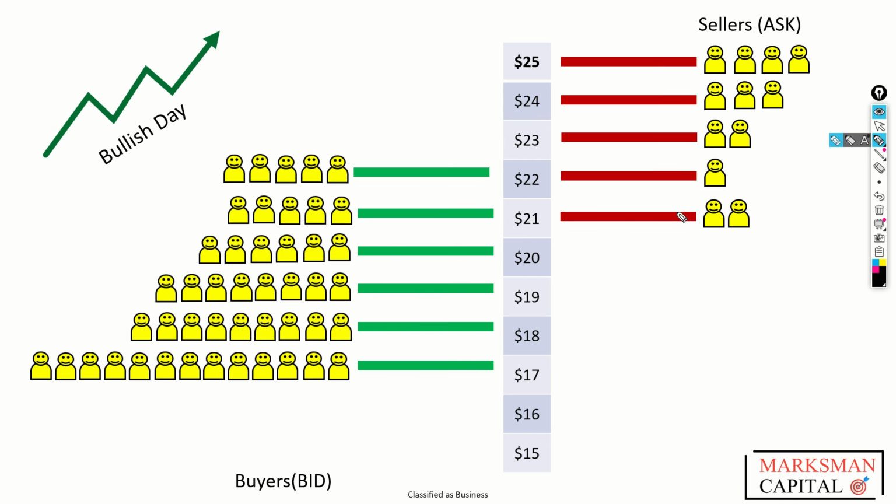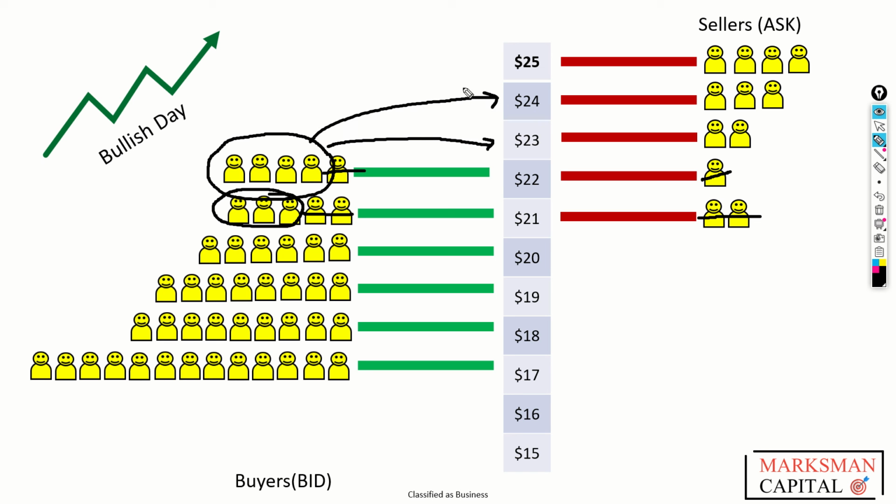But the sellers cancelling out here will not be able to satisfy all the buyers. Let's say right here there are two sellers, so you could only sell to two buyers. Then you have the remaining three buyers here. And here you have one seller. So when there are more buyers asking at 22, you could probably satisfy one buyer. And if they become impatient, they'll start moving further up, buying at market price.